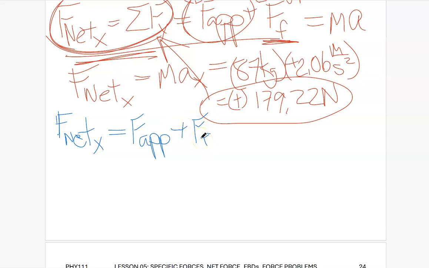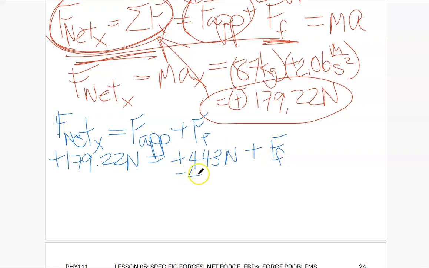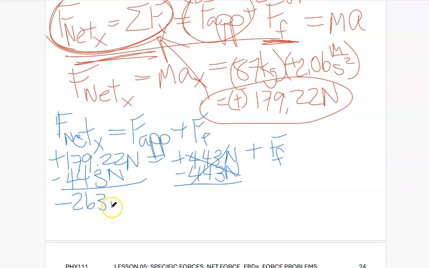We know the net force is equal to 179.22 newtons. We know the applied force is equal to positive 443 newtons. And we don't know the frictional force. Well, we subtract 443 newtons from both sides, and we end up with negative 263.78 newtons is our frictional force.